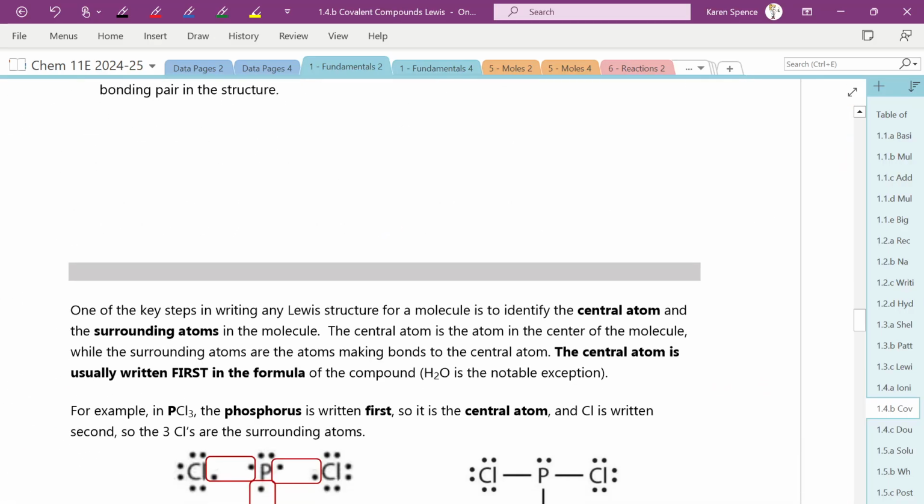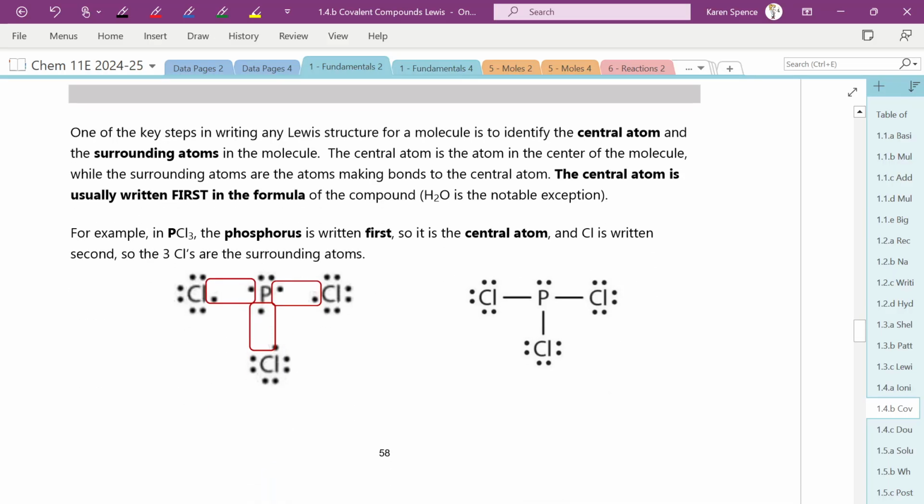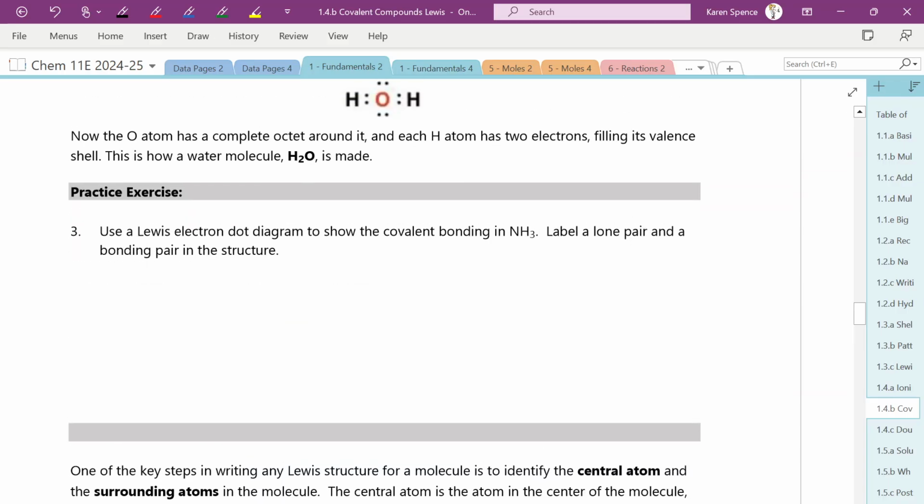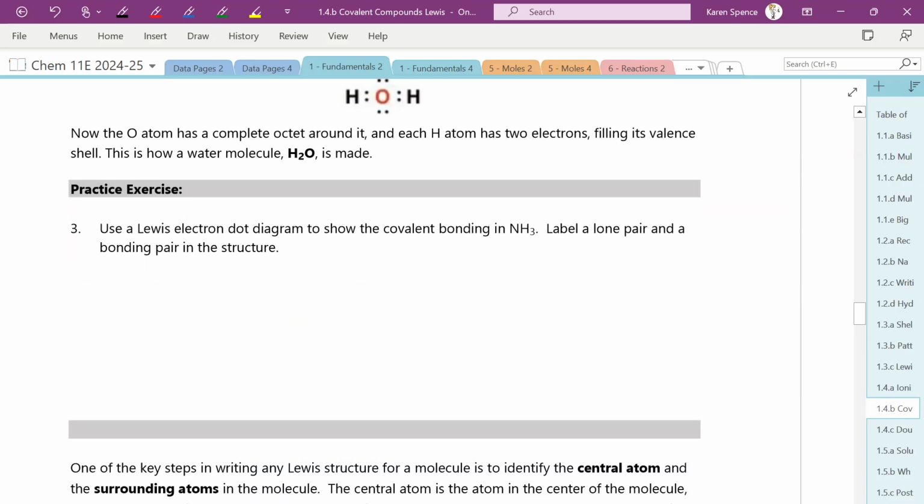There are some practice exercises here. Do you guys want to try NH3? Yeah, try NH3. There we go.